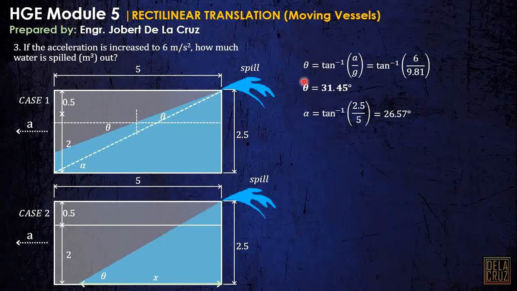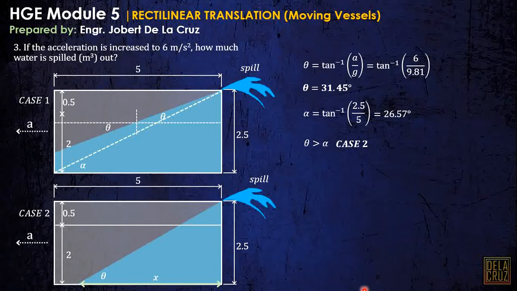But as you can see, our alpha is lesser than the theta. So this theta, in this second case, should be larger. It is a larger angle of inclination than alpha. Right? The inclination is steeper here. That means we are in case 2.